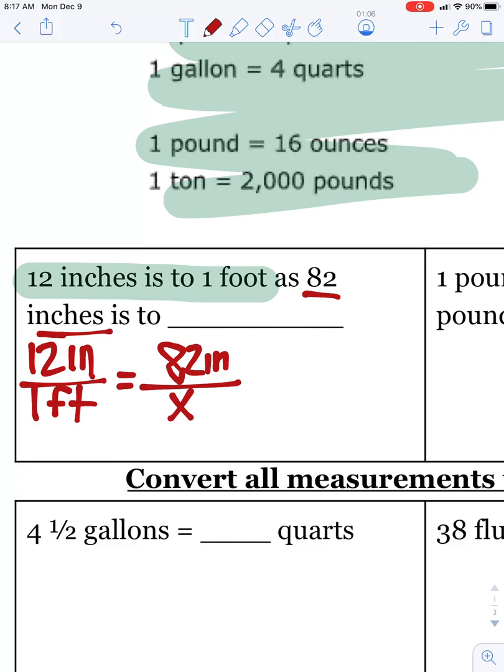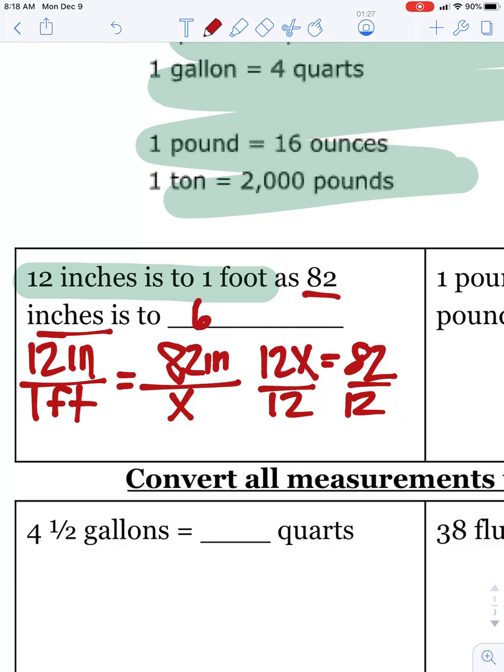So we're going to cross multiply. 12x equals 82. And then you're going to divide by 12 on both sides. When you divide 82 by 12, you get a long repeating decimal. So you're just going to round it to the nearest hundredth. So that's going to give you 6.83. And then you make sure you label it as feet.